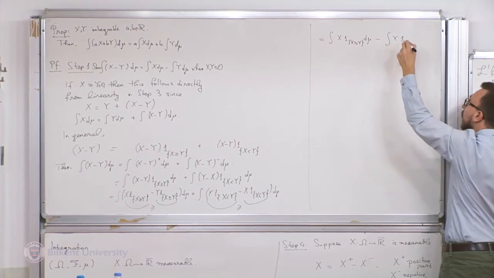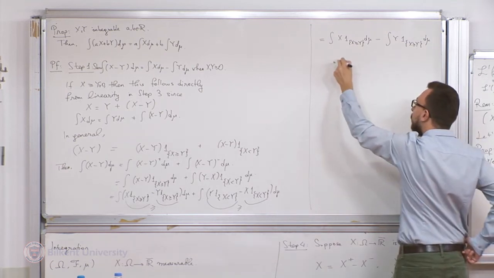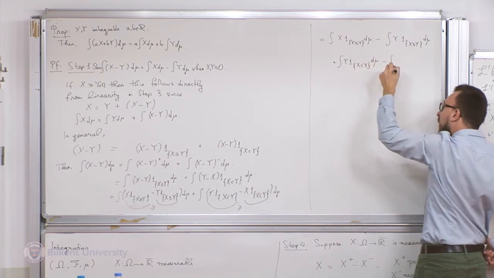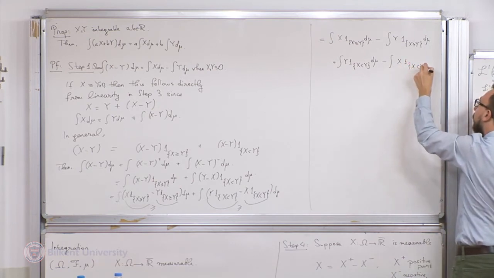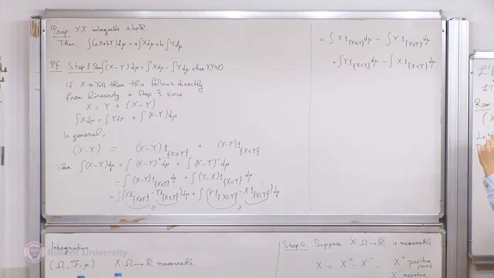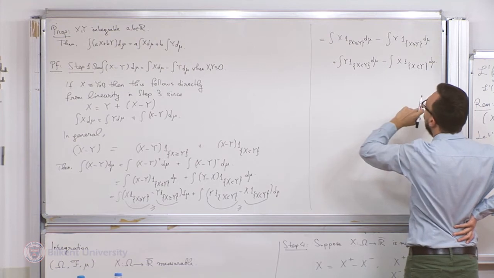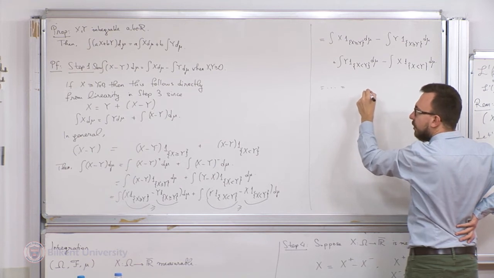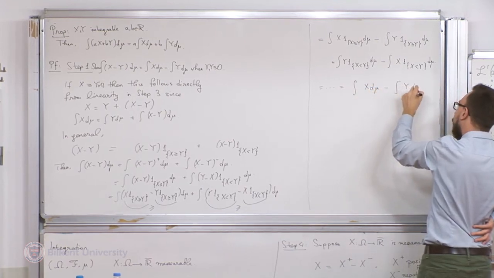Et cetera, et cetera. So let me write the other two terms: y indicator x less than y, and x indicator x less than y, d mu. Right? And then you can bring the two together, et cetera, et cetera, and check that. I will leave this to you, that this gives you what? The integral of x d mu minus the integral of y d mu.